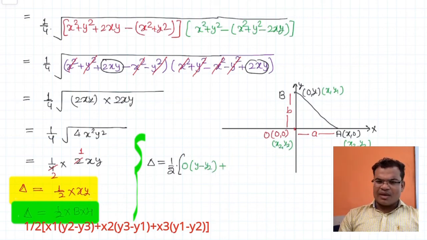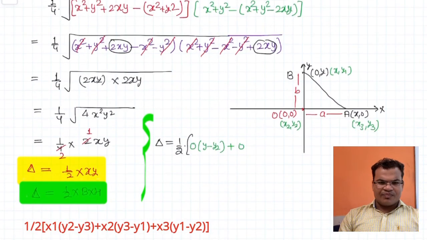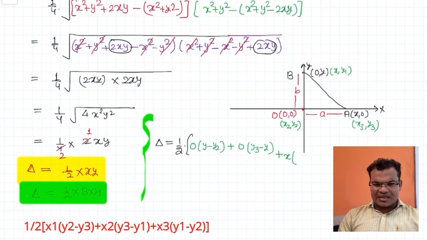Sorry, I have written here y minus y2 because I want y2 minus y3. So can you see what is y2 here, and plus 0. Yeah, something is wrong. I think something we did. Just second. We have to write the value properly.